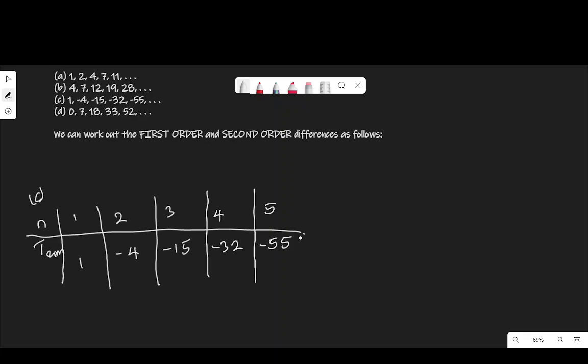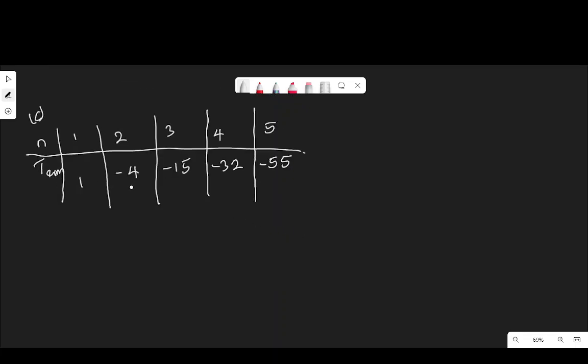Now taking their differences, minus 4 minus 1 is minus 5. And minus 15 minus minus 4. Look, there are two minus signs there.